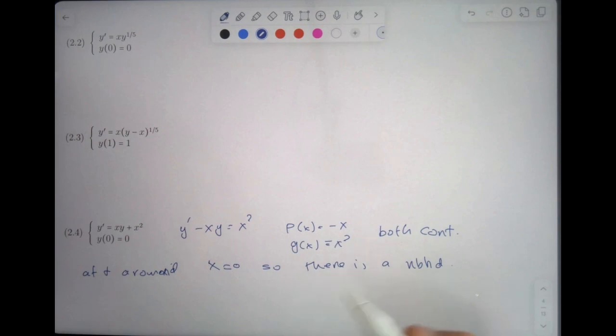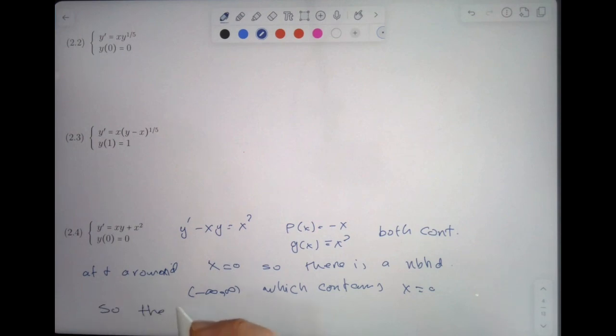What is that neighborhood? No matter what I plug in, they're going to be continuous. The neighborhood is really negative infinity to infinity, and that contains x equal to 0. So the IVP has a unique solution.